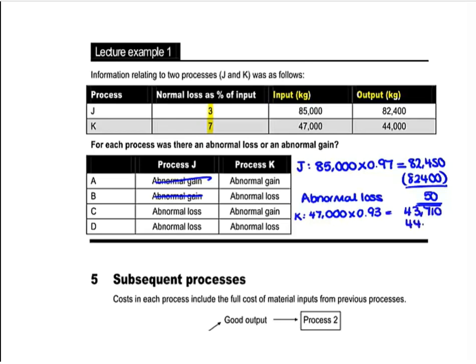We got 44,000, so we've got slightly more than we were expecting, and we've got an abnormal gain of 290. So the correct answer is going to be C. So even when the question doesn't ask for a numerical answer, calculations can often be helpful.